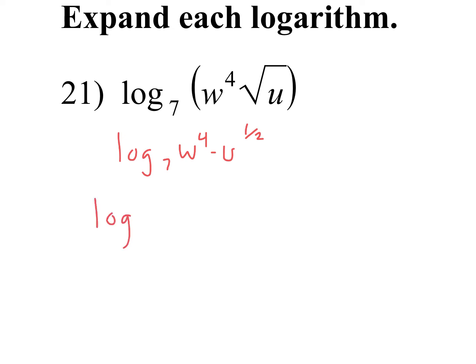So log base 7 w to the 4th power plus log base 7 u to the 1/2 power. So to expand, when multiplying, we add. It's the same thing, but just going the other way now. And every time you break it apart, everything needs its own log.